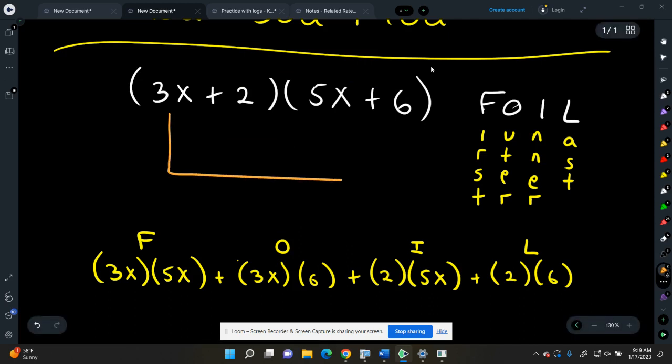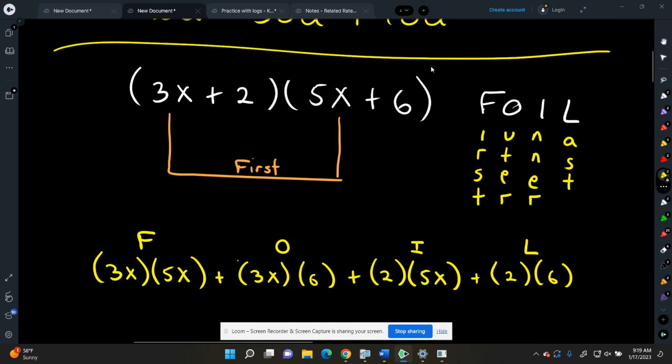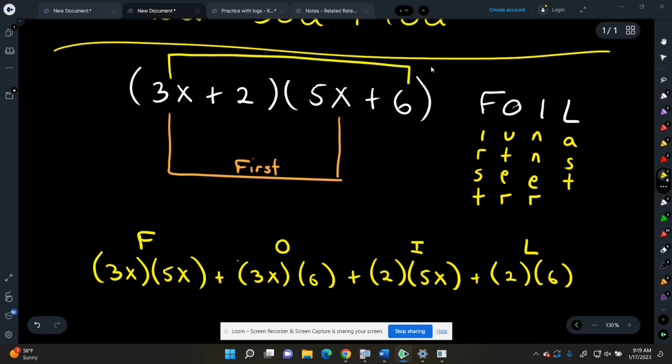These are my first terms right here. It's the first term in each parenthesis. That's my first. The outer. These are the two terms on the outside edges. So those are my outer terms. Inner, that's the two terms on the inside. So there's my inner.